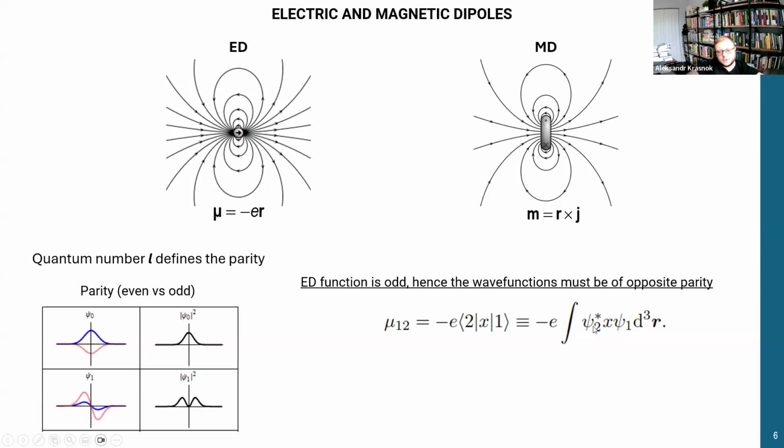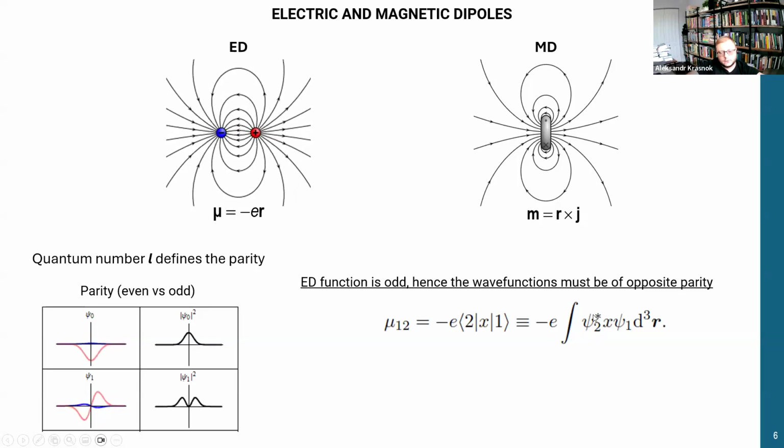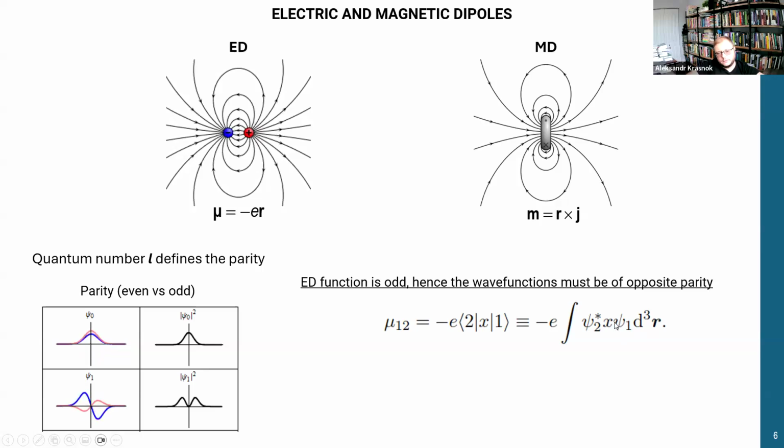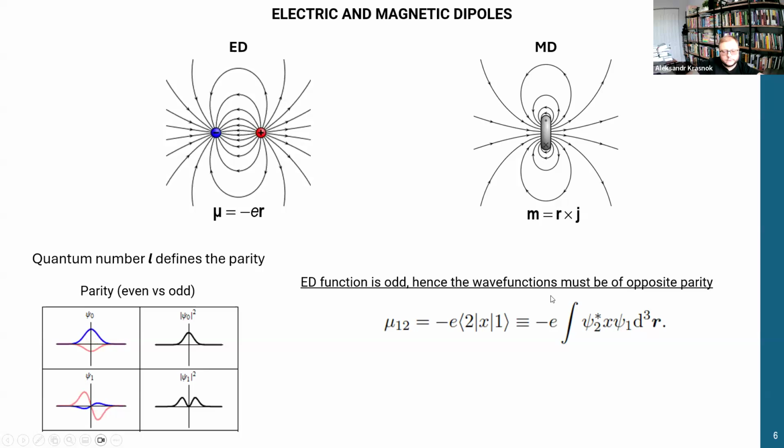So you take this integral, you assume first that these two psi functions have the same parity, let's say even functions. Then this function is even, this one is even, but if you multiply by x or r, which is odd, this second part becomes odd. In total, you get the product of even and odd functions, so this integral vanishes.